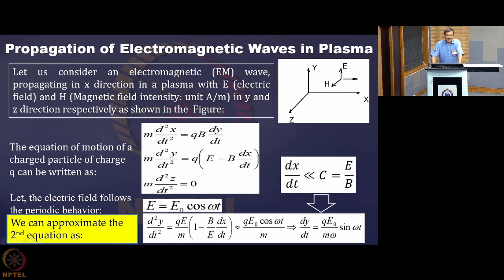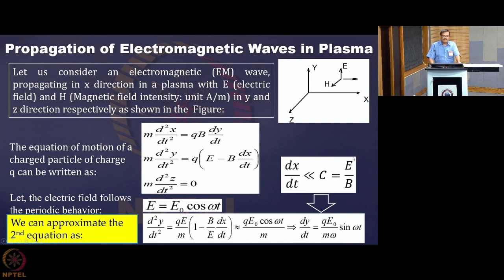This is fairly enough, because v/c, that is (dx/dt)/c, is very much negligible compared to 1. So we can neglect this part, and you are left with qE/m, that is qE0 cos omega t by m. Then if you integrate it, you get dy/dt equal to this.